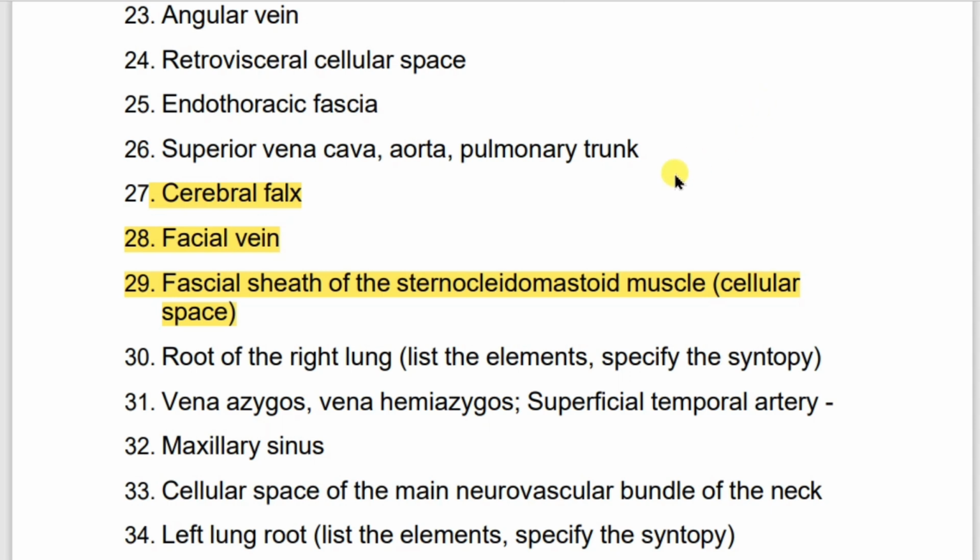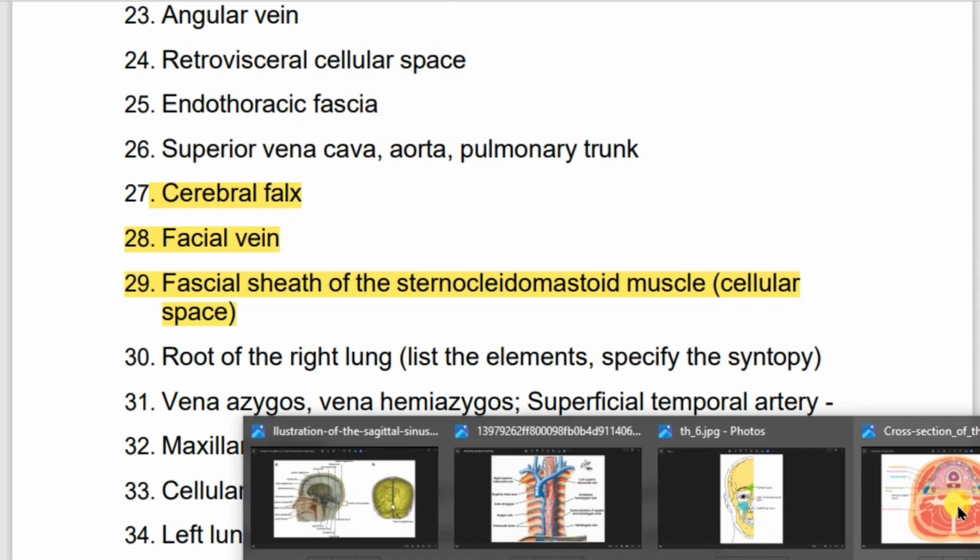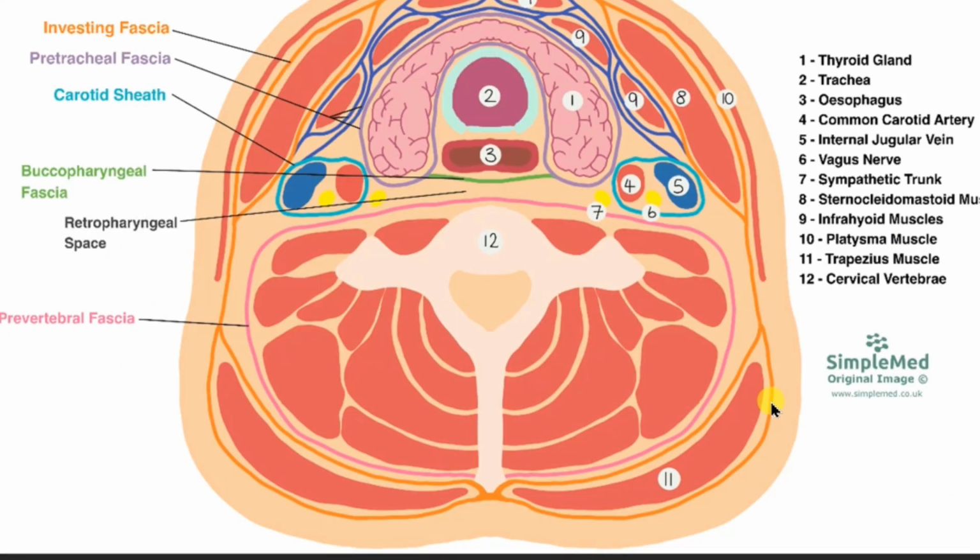So the next structure we have: have a look at this structure, the fascial sheath of the sternocleidomastoid muscle. Where can we find it? We can find it in the neck region. Here we have a transverse section of the neck region. Where is the sternocleidomastoid muscle? Here we have this one.